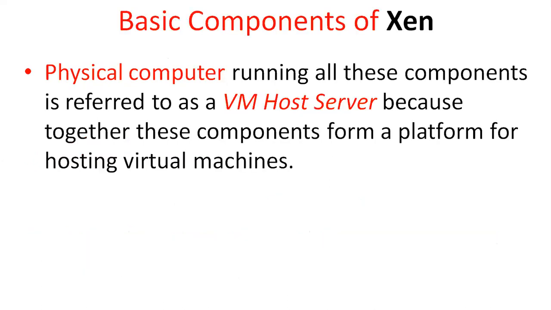And then there is a physical computer. The physical computer running all these components is referred to as the virtual machine host server. In a physical server, there is a central part that works like a controller. It will control all this information.